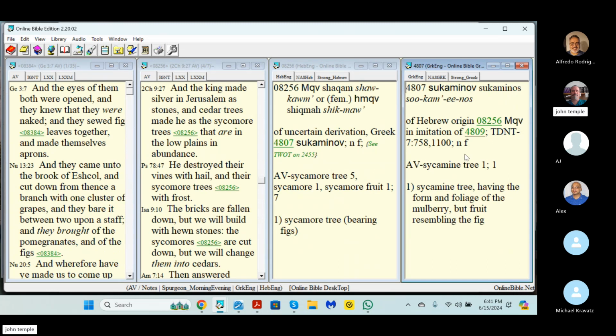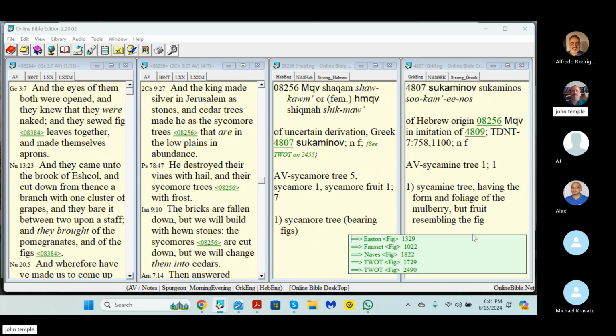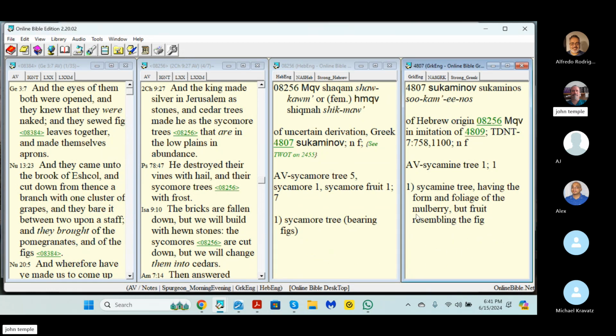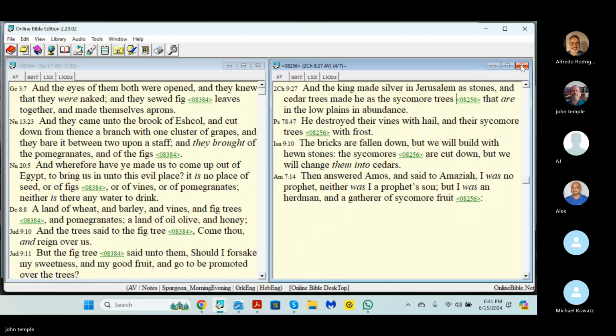Sucaminos is the sycamine tree, having the form and foliage of the mulberry, but fruit resembling the fig. So these two go together. If you put this number 4807 into the Septuagint, you'll come up with all of these verses here. Take my word for it. So we'll get that out of there.